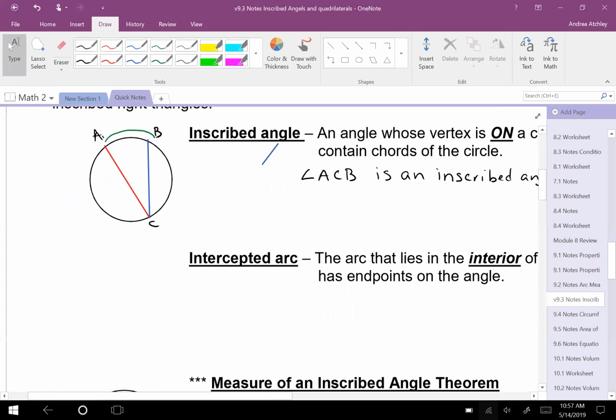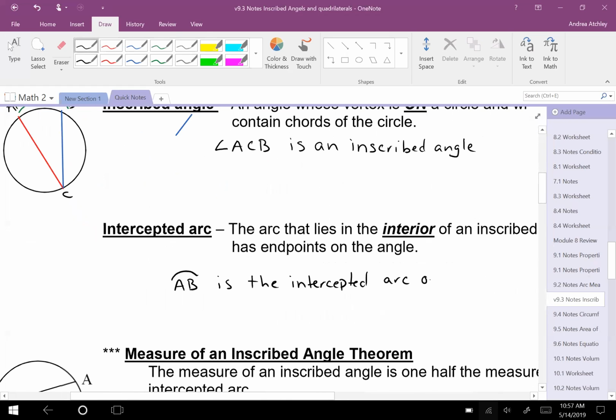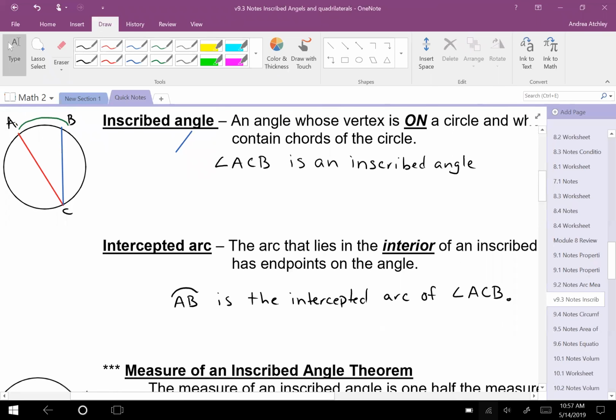So in this case, arc AB is the intercepted arc of angle ACB, because again, the endpoints of the arc are the endpoints of the angle. Any questions over that?